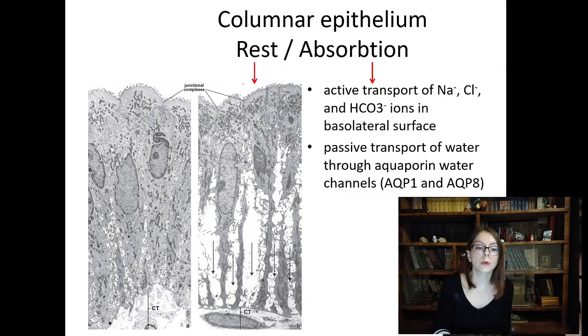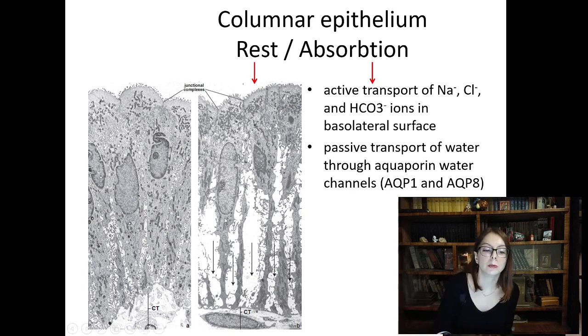And how is water absorbed in our gallbladder? First step of water absorption: this is the active transport of sodium chloride and bicarbonate ions through the basolateral surface of those columnar cells. So on these basolateral surfaces, they have lots of pumps actively pumping sodium and chloride out of the cell.